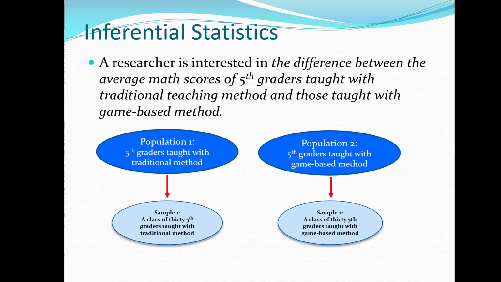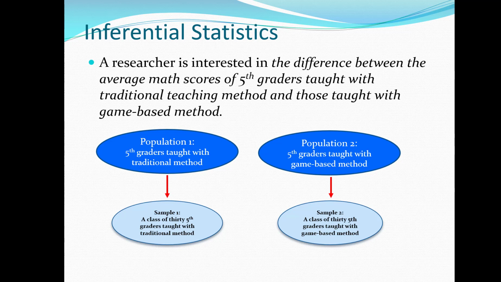And we know the researcher is interested in the relationship between these two populations in terms of their average math scores. Now here's the question. How can the researcher investigate or examine this relationship?